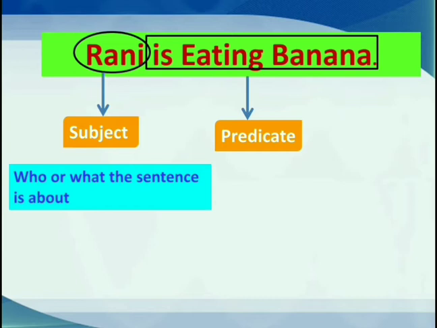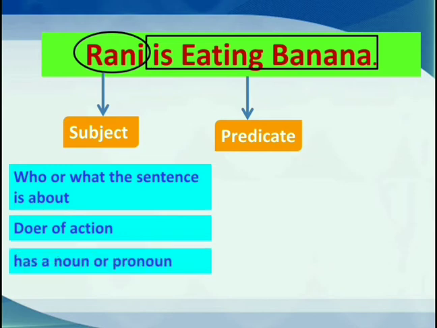Now, when we think about a subject, it is who or what the sentence is about. The subject will give us an idea about what the sentence is about. Then, the doer of action, the one who is doing an action. Who is eating banana? Rani is eating banana, and it has a noun or a pronoun. Rani is the name of a girl, so it's a noun.